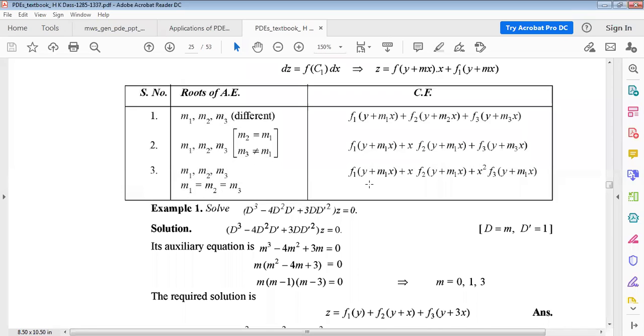For 3 repeated roots, we write f1(y plus m1x) plus x f2(y plus m1x) plus x square f3(y plus m1x). Understand? These are the rules for writing the complementary function for linear homogeneous partial differential equations with constant coefficients. Remember it.